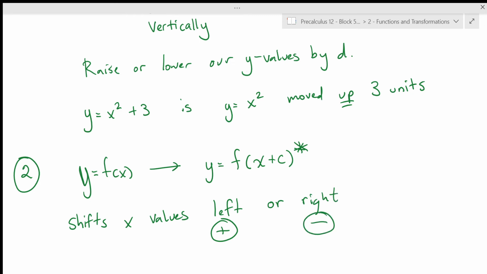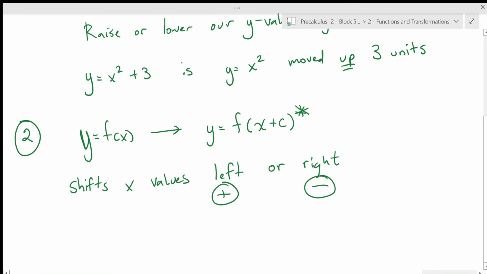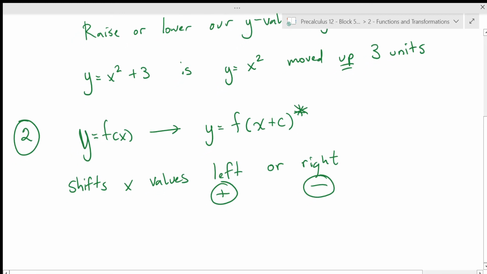So generally, it's a pretty good rule that our y translations and expansions work intuitively, and anything on the x will work counterintuitively. And this has to do with the fact that we've got things operating directly on the x versus with the y, it's actually on the other side of the equation. But that's not really necessary to be able to perform it.